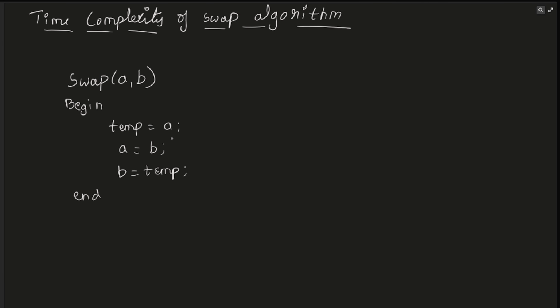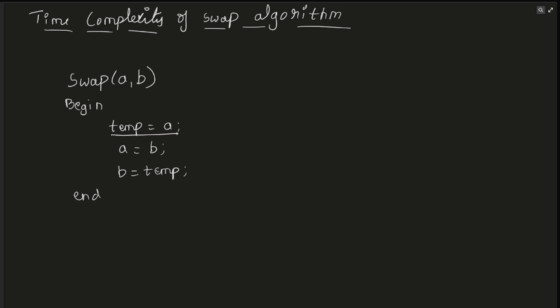Every simple statement in an algorithm takes 1 unit of time. Simple statement meaning calling a method, assigning variables, updating variables, and so on, but not the loops. We'll be studying the time complexity of loops in the next video. For now, let's see the time complexity of simple statements.